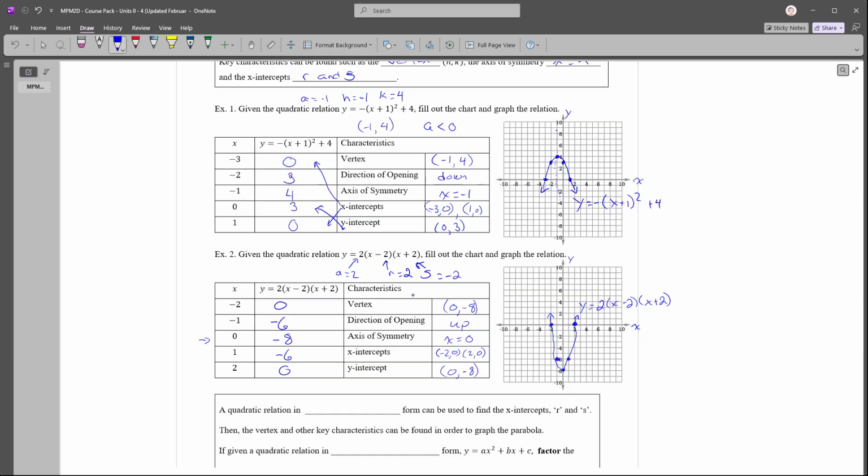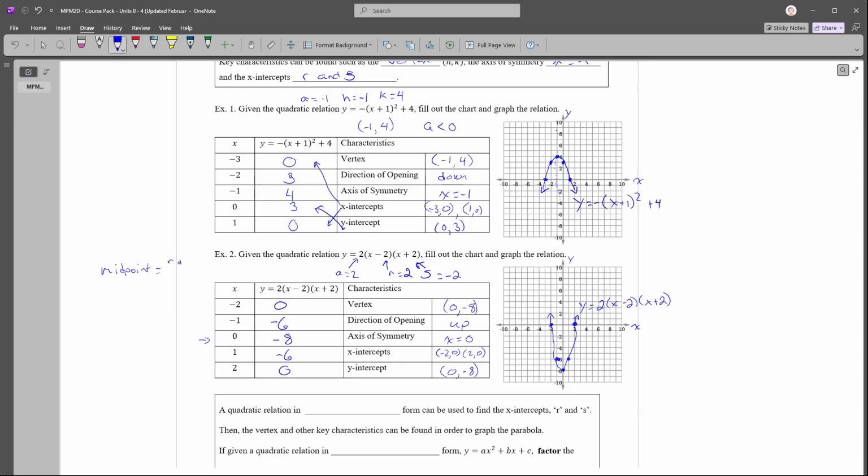As I said before, if we couldn't actually see the graph, how would we calculate the vertex using just this information? Well, in order to calculate the vertex, we need to find the midpoint of our two x-intercepts. Remember, the midpoint of any 2 points is always the first point plus the second point divided by 2.